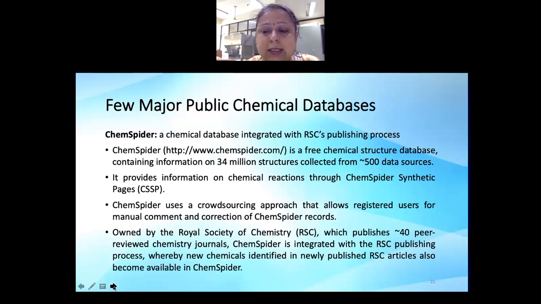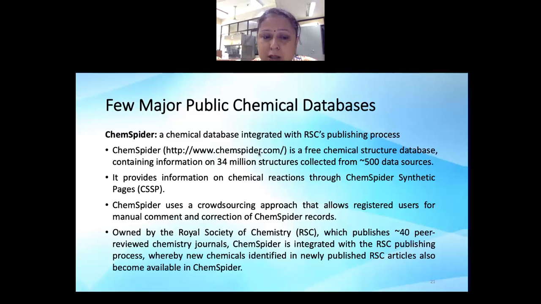So another is ChemSpider. This is a chemical database integrated with the Royal Society of Chemistry's publishing process. We have given you the address of ChemSpider. It is a free chemical structure database containing information on 34 million structures collected from approximately 500 data sources. It provides information on chemical reactions through ChemSpider synthetic pages.